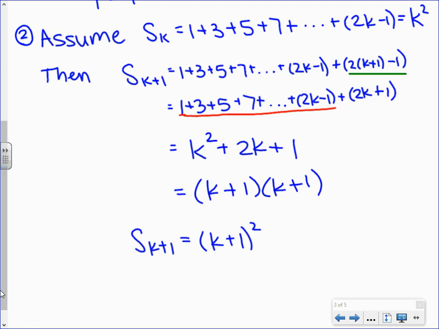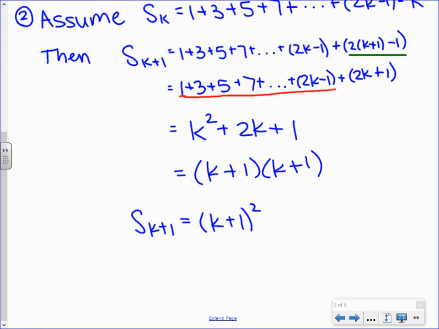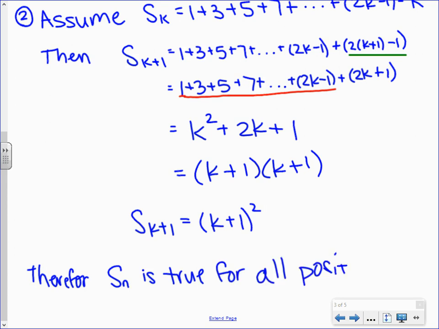Okay, just like with any other proof, we need to conclude it. What did we just show? So I'm going to write, therefore, S of n is true for all positive integers.